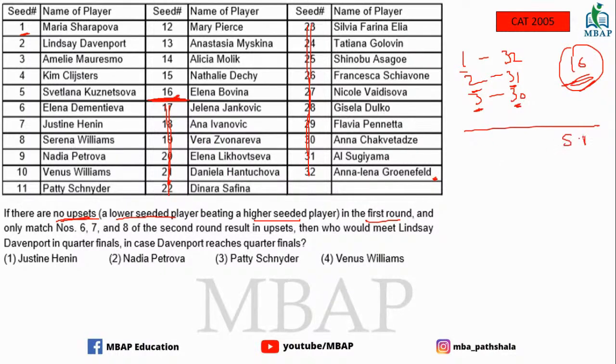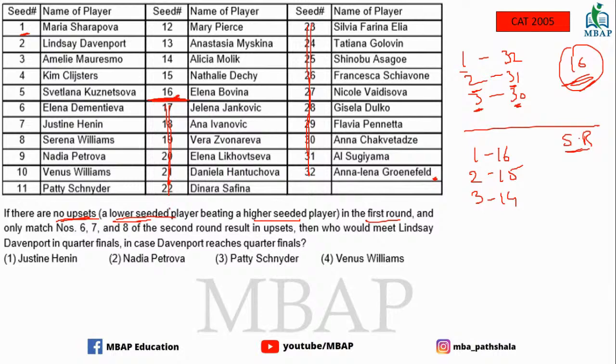In the second round, 1 is going to play against 16, 2 is going to play against 15, 3 is going to play against 14. Likewise it will go on.